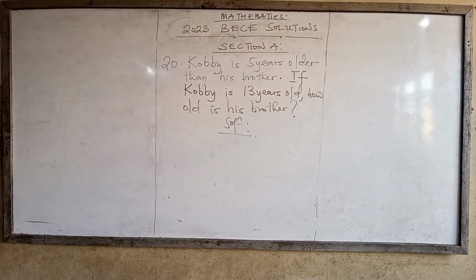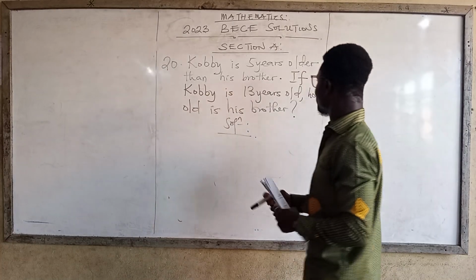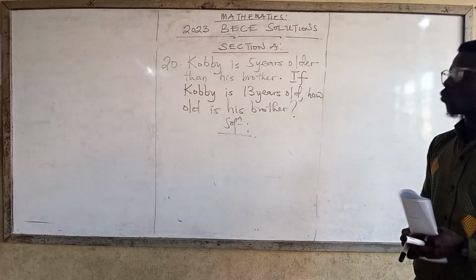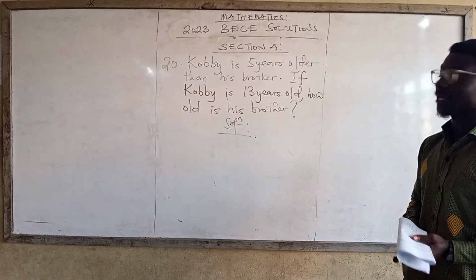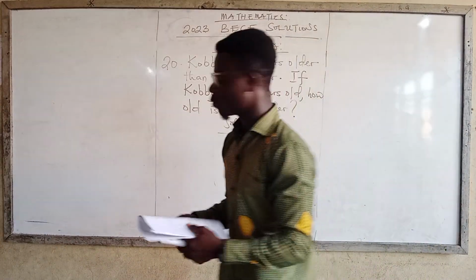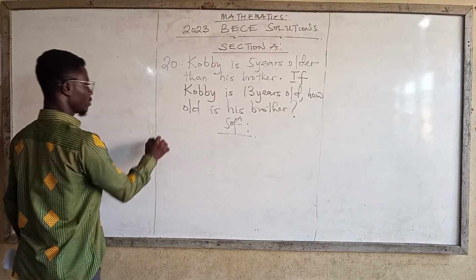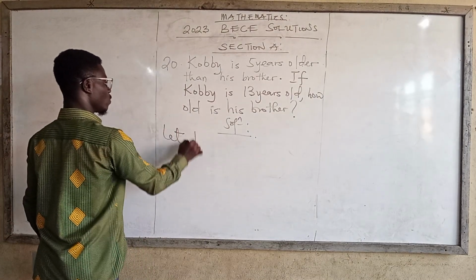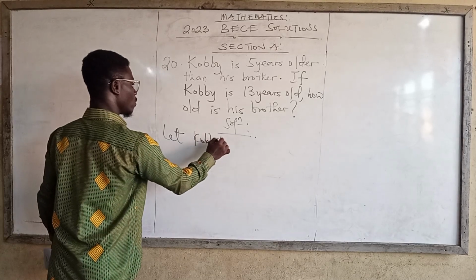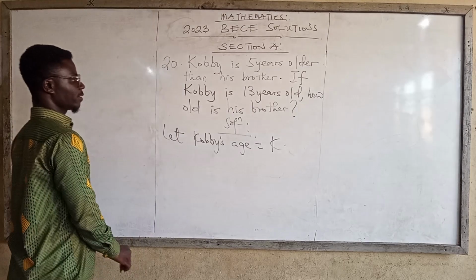All right, question 20. Kobe is 5 years older than his brother. If Kobe is 13 years old, how old is his brother? Older, which means more than. Okay, so you can use let Kobe's age equals K, right?